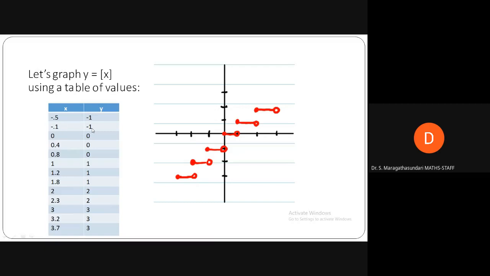Minus 0.1, minus 1. Here 0, 0. Here 0.4, the largest integer is 0. 0.8, so largest integer is 0. 1 means largest integer is 1. 1.2, the largest integer is 1. 1.8 also 1. 2 is 2. 2.3 means the greatest integer is 2. 3, 3. 3.2, the largest integer is 3. Again 3.7, again it is 3.